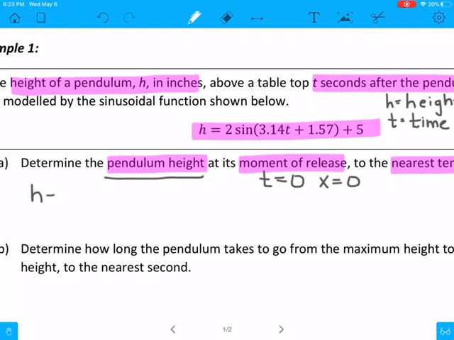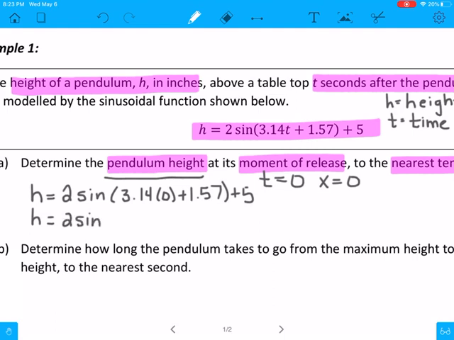So we're going to have h equals 2 sine, bracket, 3.14 times 0 plus 1.57, close bracket, plus 5. So h equals 2 sine, 3.14 times 0 cancels out, so I get sine 1.57, plus 5.